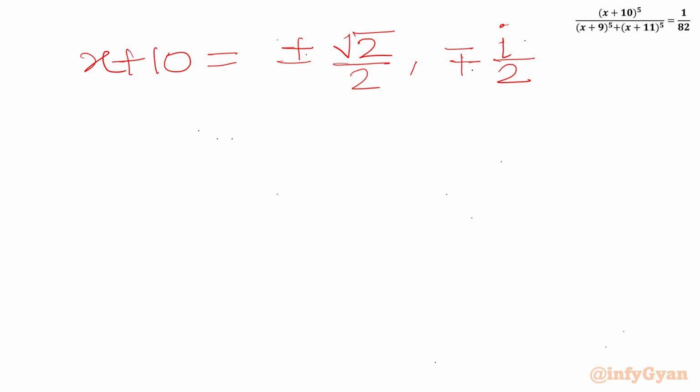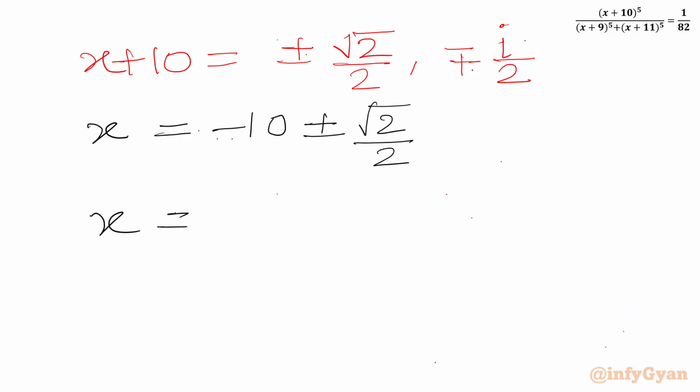Now I will take away 10 from both the sides. So I can write x equal to minus 10 plus minus root 2 over 2, and x equal to, for complex solutions, minus 10 minus plus, or I can write plus minus, it won't affect our solution.